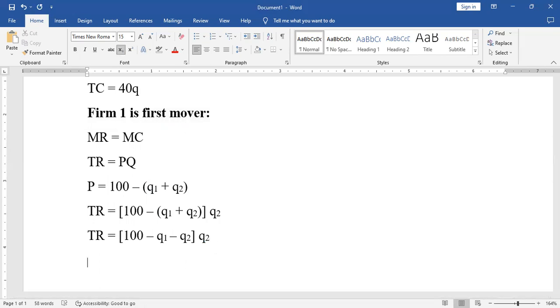So now, total revenue. This is interesting now.